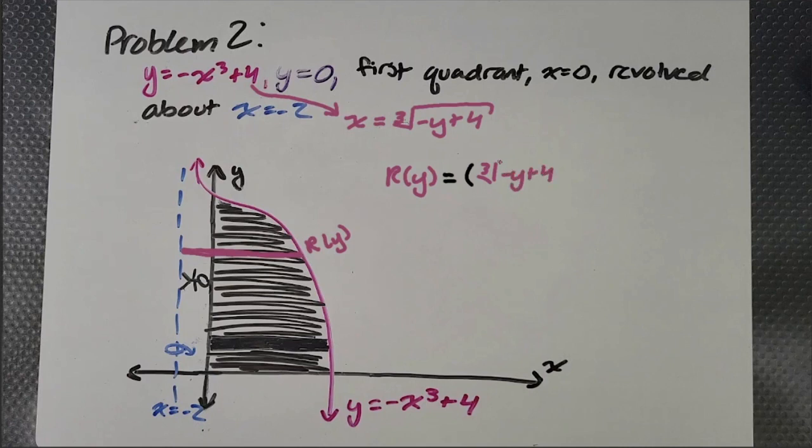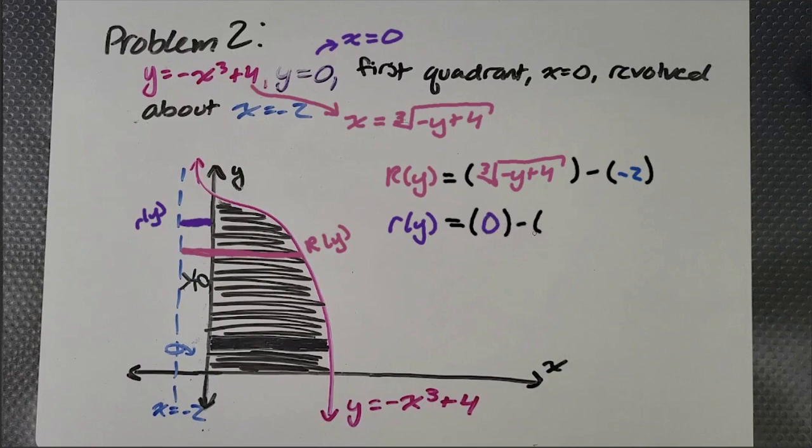So big R of y equals the cube root of negative y plus 4 minus negative 2. We find little r of y by finding which function forms the hole in the graph. We see that the hole's top is at x equals 0 and the hole's bottom is at x equals negative 2. So little r of y equals 0 minus negative 2.